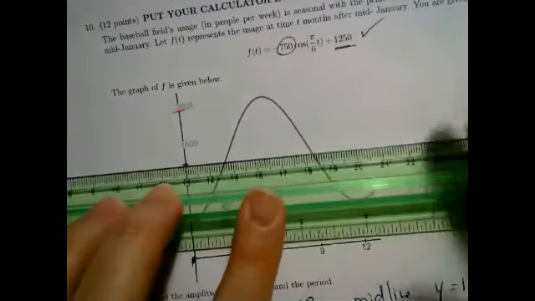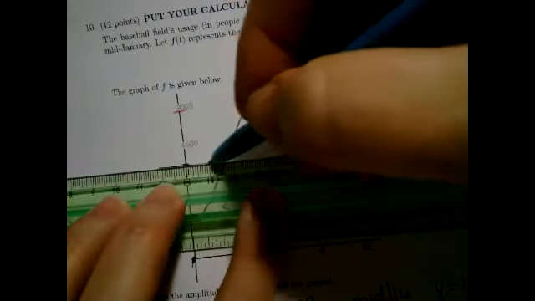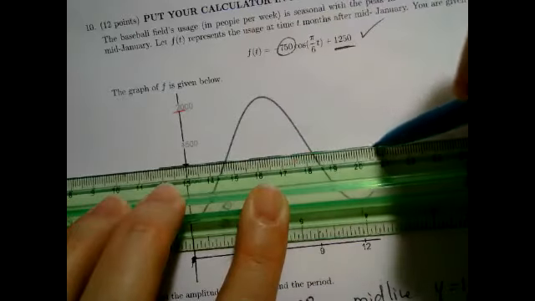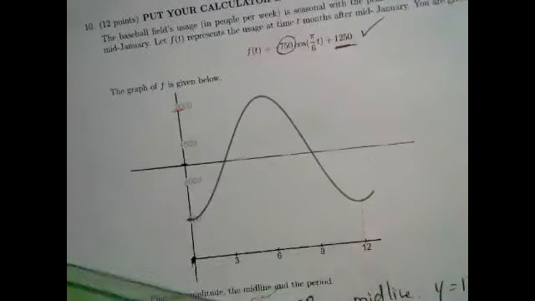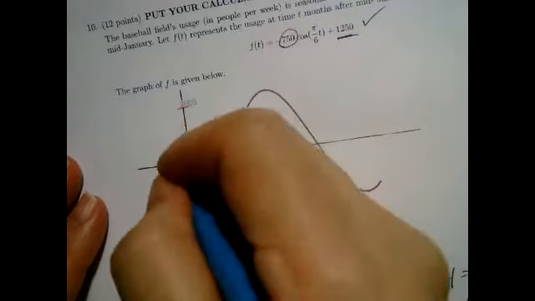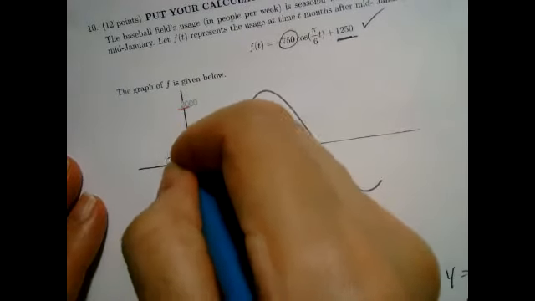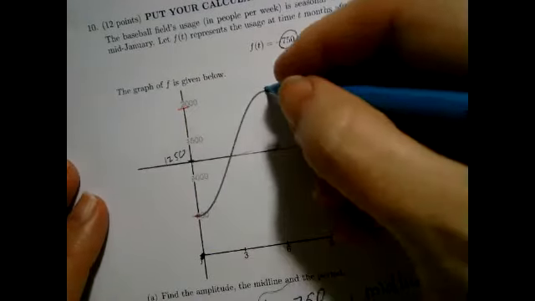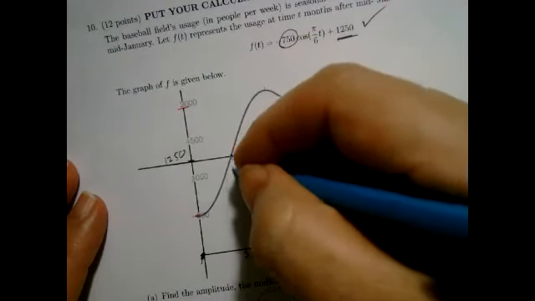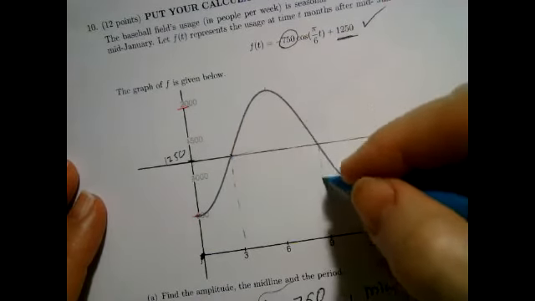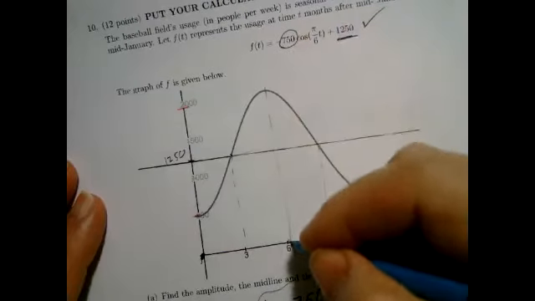That's the midline. So that's 1250 here. This point is the 6. This is the 3. This is the 9. And this is the 6.